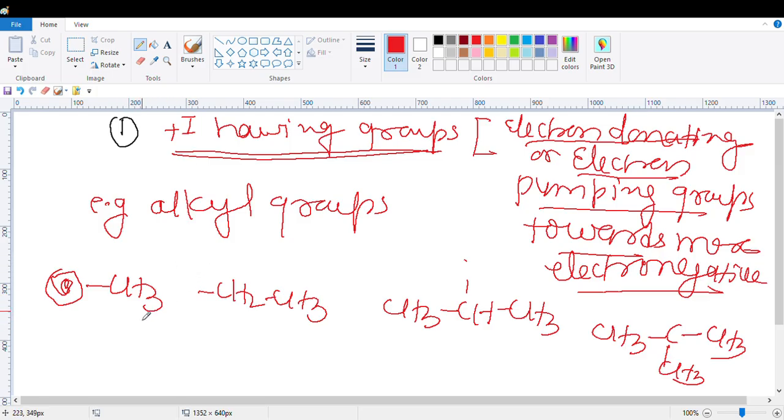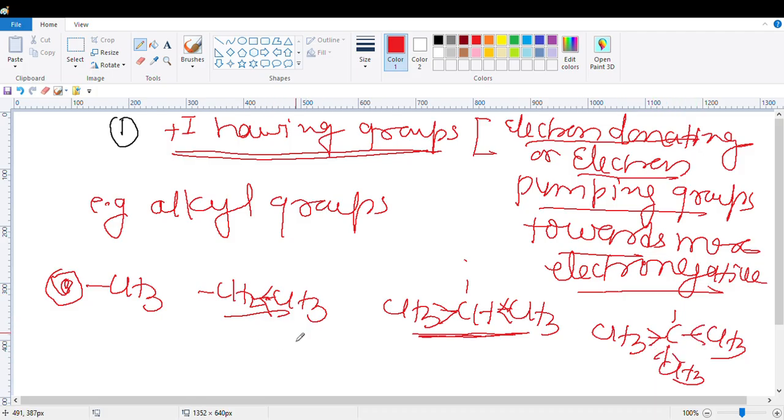So the greater the number of carbon atoms in alkyl groups, the greater will be the electron donating property towards the more electronegative atom. So it has one CH3, it has two CH3, and tertiary butyl group has 3 CH3.